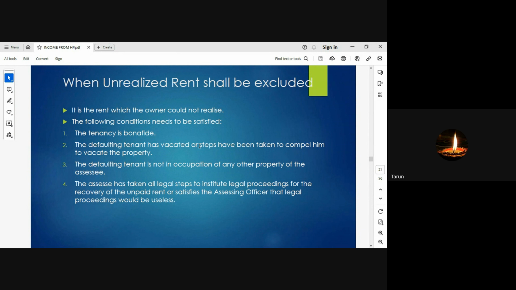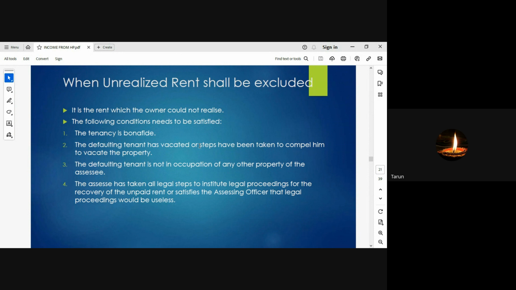So these are the 4 points. The tenancy is bona fide. The tenancy period should be legalized. So if you are letting out your property for commercial use to a tenant, there should be a proper legal agreement for particular years. It could be 1 year, 2 years, or 3 years. The minimum 3 years legal agreement should be there.